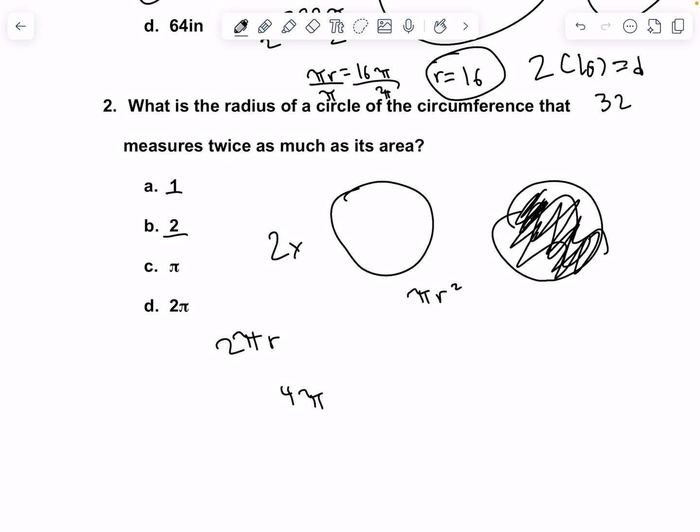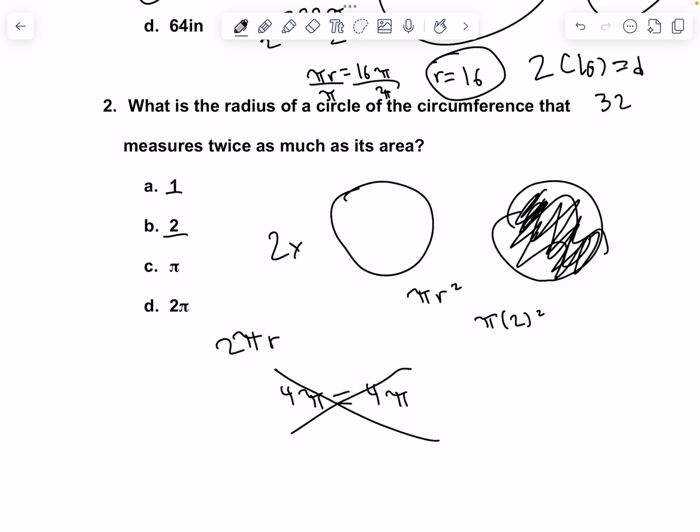So 2 squared, that'll be 4 pi. So it'd be 4 pi and 4 pi, which means they're equal, which means the circumference is not twice as much as the area. So this will not be 2.